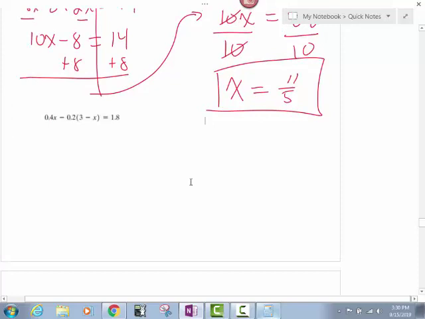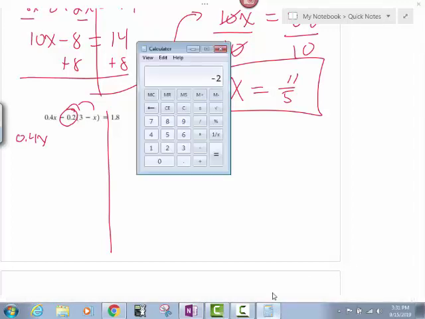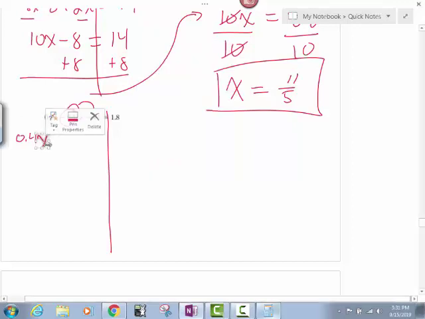And so last problem here, I'm going to do exactly the same thing we did earlier. I'm going to bring that line down. I'm going to leave my 0.4x alone. Remember, I want to think of that number there as a negative 0.2. So let me grab my calculator, clear it out. 0.2, make it negative. We're first going to multiply it by the number 3. Negative 0.6.